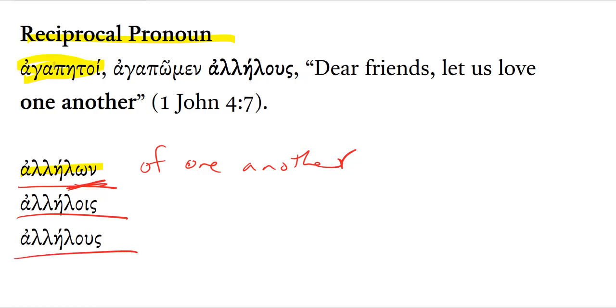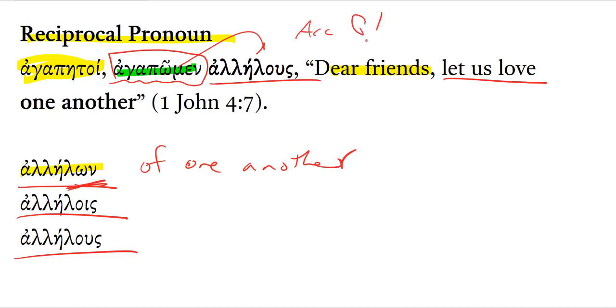Agapetoi, beloved ones, translated by the NIV here, I think, as dear friends. Let us love. This is a hortatory subjunctive. You do not know that yet, but it's translated let us love. And then there's your direct object, allelous, accusative plural, because it's the direct object. Beloved ones, let us love one another, the reciprocal pronoun.